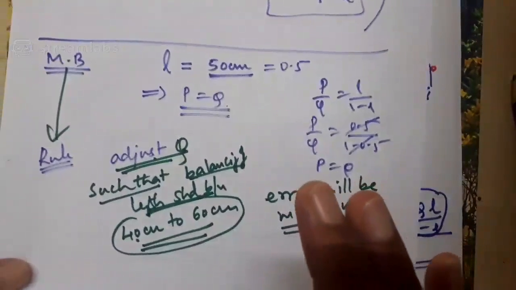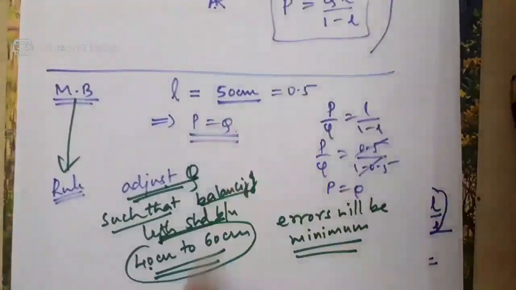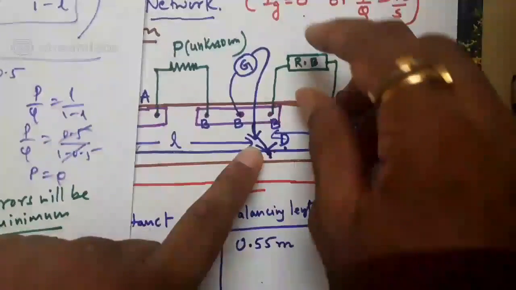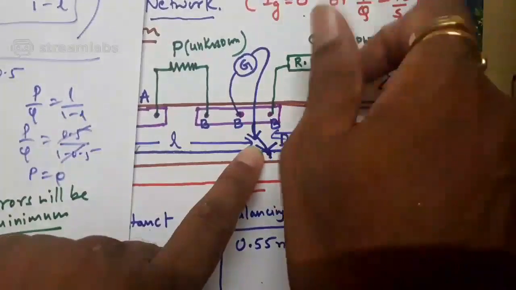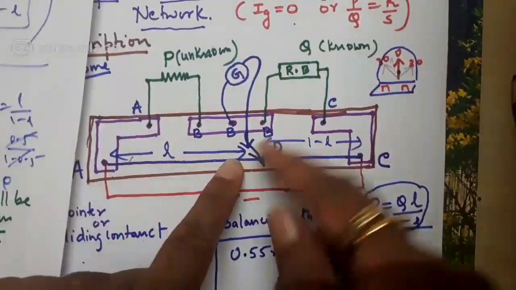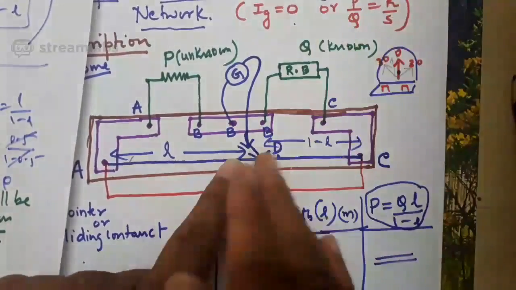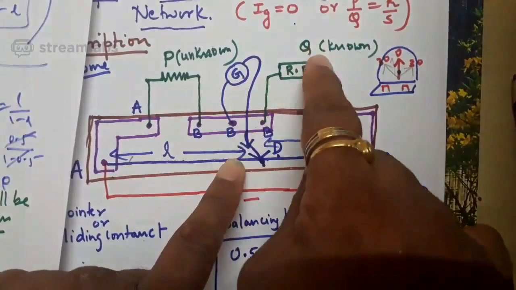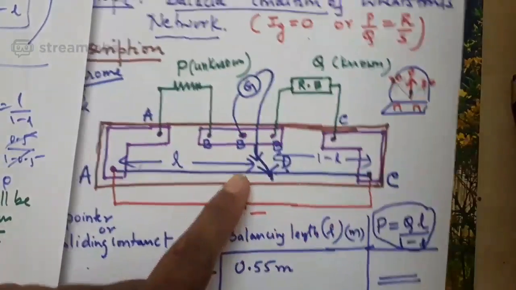And obviously readings will be accurate if you take a balancing length as 50. Means keep the sliding contact at 50 centimeter, then keep on adjusting Q till the deflection becomes 0. Keep the sliding contact in contact with the wire at 50 centimeter, then keep on adjusting Q till the deflection becomes 0. Then P will be equal to Q. That is the meaning.